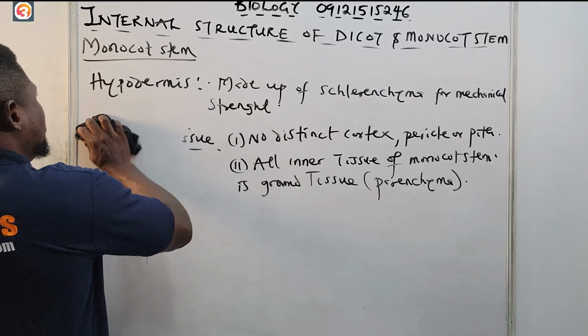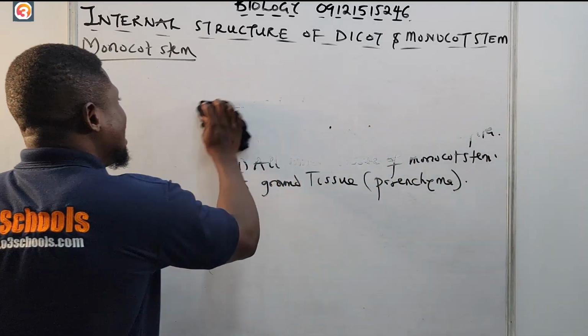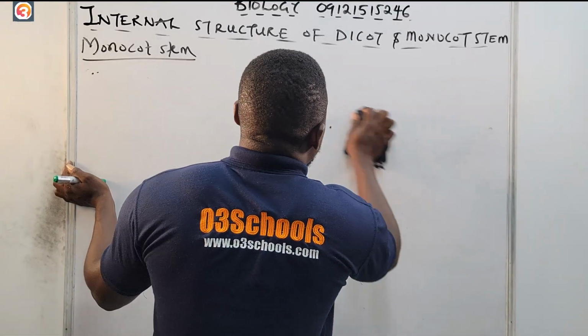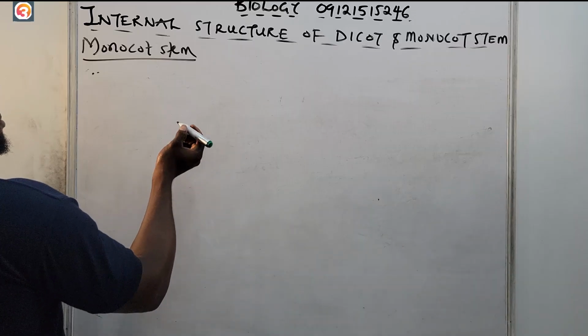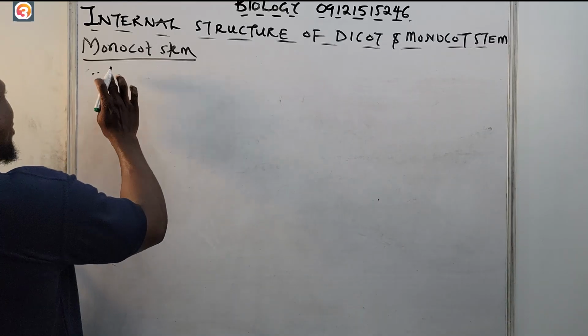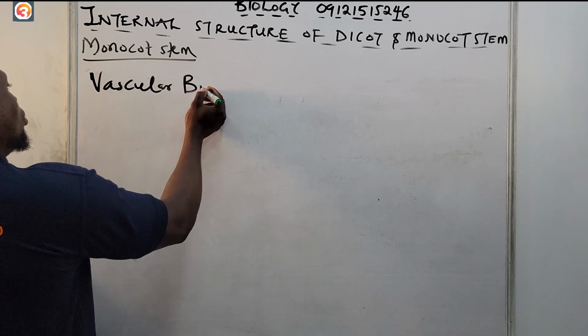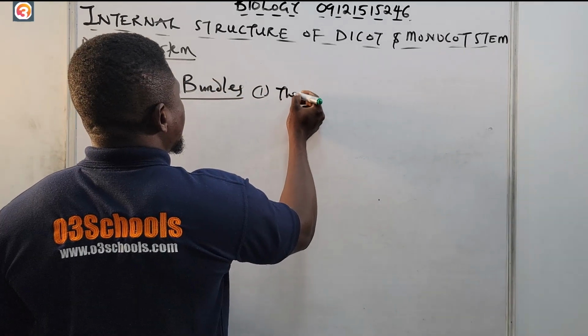Now let us quickly see the last part, which is the vascular bundles. How are the vascular bundles arranged? We already saw that from the diagram I drew for you. They are collateral, placed side by side, and scattered throughout the ground tissue. Number one, they are scattered.